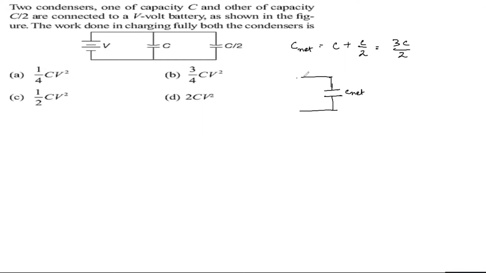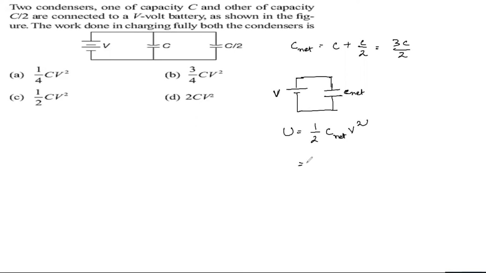This is my C net, and we'll be finding here the energy stored in this capacitor. Energy stored, we express it by U, which is nothing but half CV square. Now since we are considering this equivalent capacitor, we write C net here, and since this is connected to a battery of V voltage, it will be V square.